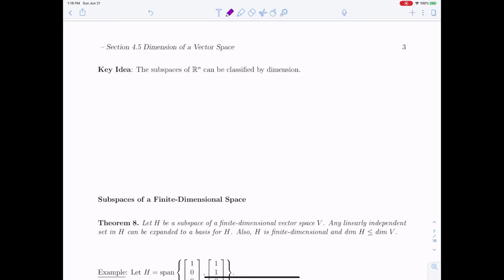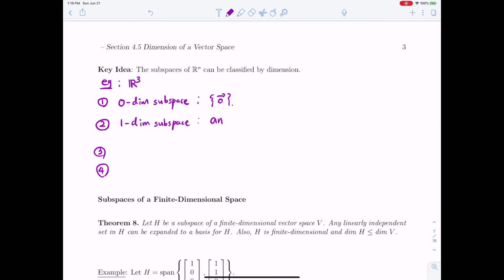So basically, we can classify all the subspaces of Rn by using the dimension. For example, let's consider subspaces of R3. And I think we classified all the subspaces in the previous chapter. The first thing that appears has to be the zero-dimensional one, which is simply the zero vector space. The one-dimensional subspace is any space spanned by a single vector, or equivalently, we have seen that it forms a line passing through the origin.